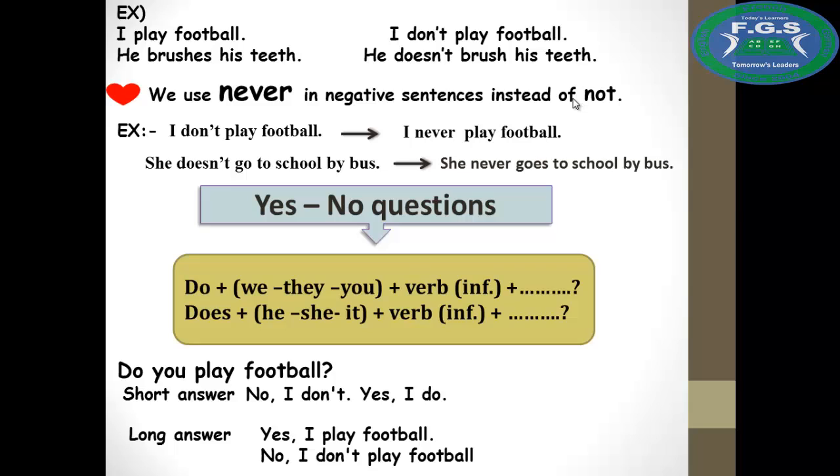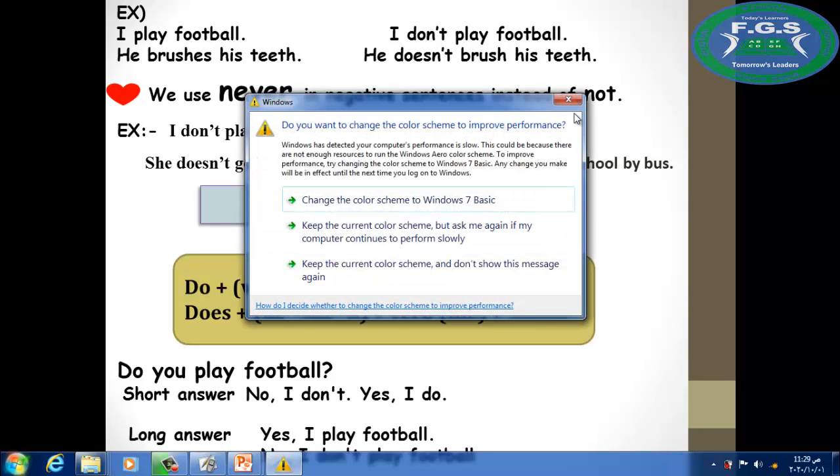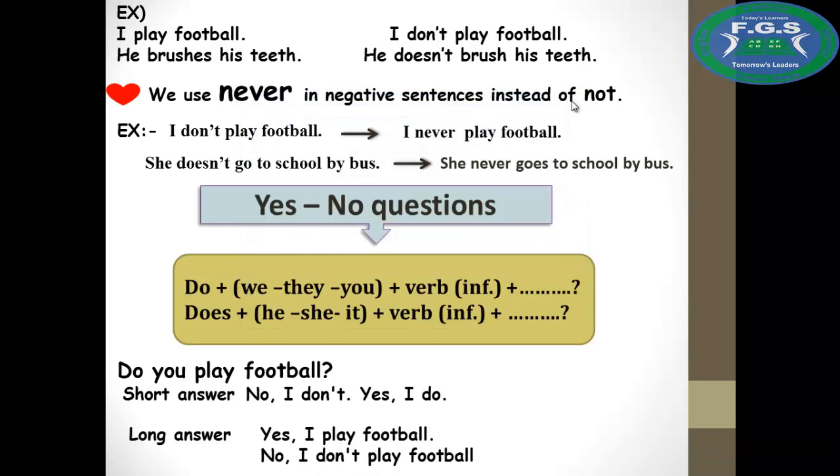Okay, for yes or no questions, we'll use do plus we, they, or you plus verb. In singular subject, we use does plus he or she or it plus infinitive too.